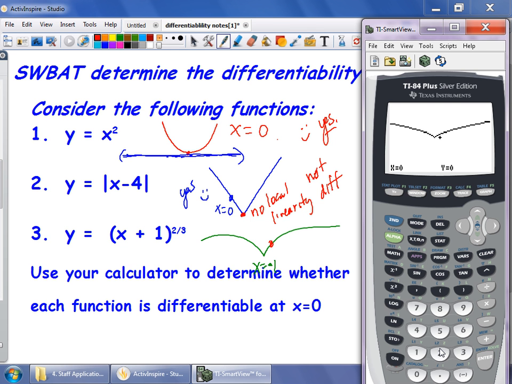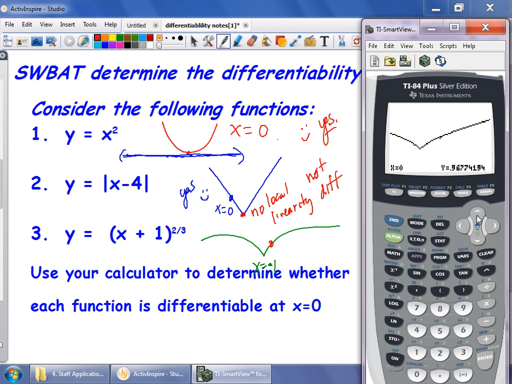Zoom 2. Move the cursor up to the curve as close as possible. We should be at about a y value of 1. Okay, so that's pretty good. And then let's zoom in again. We're good there.